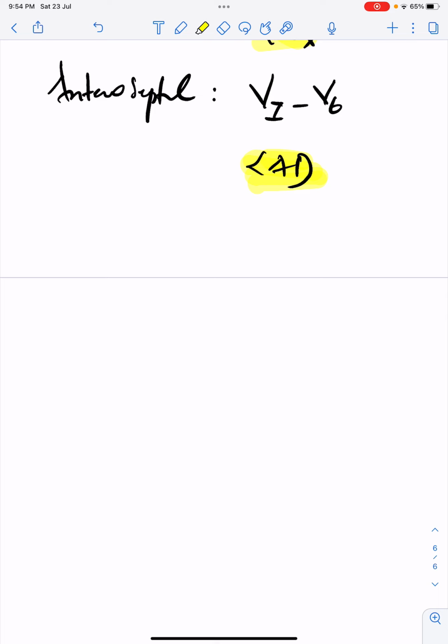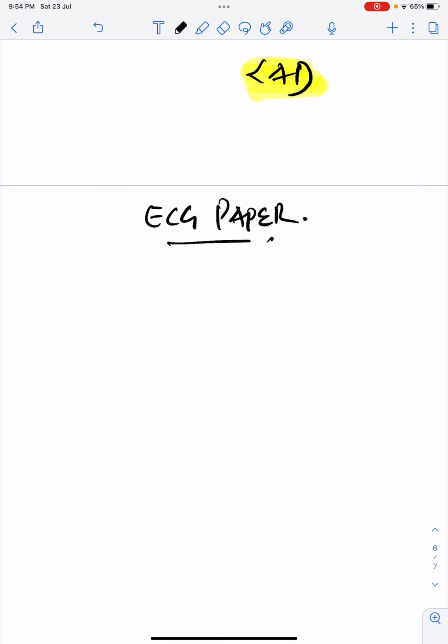Now a few words about ECG paper. In ECG paper, there are big squares and small squares. Actually, it will be like this.